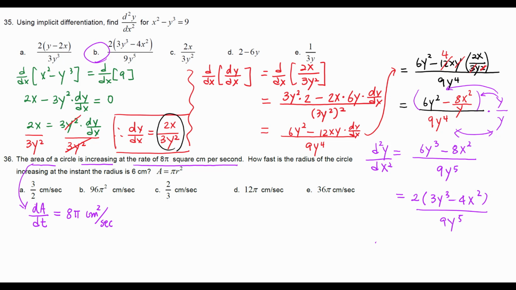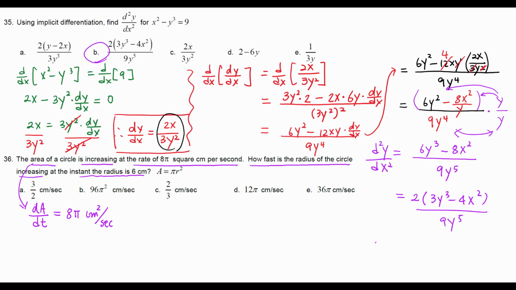And what they want you to find is how fast the radius of the circle is increasing at the instant the radius is 6 centimeter. So they're asking you to get how fast the radius of a circle is increasing.